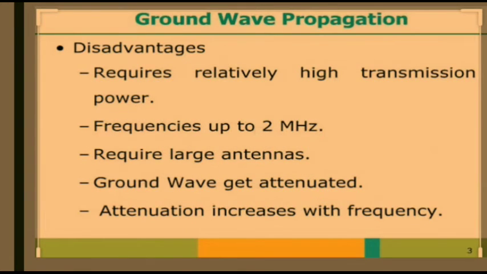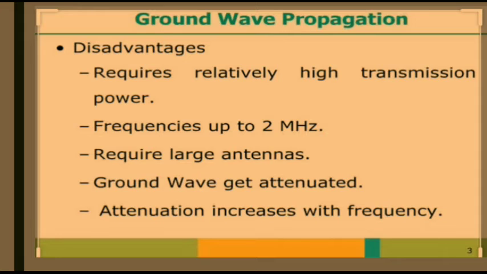Yes, the ground wave propagation has disadvantages. What are the disadvantages? It requires relatively high transmission powers. That is the main disadvantage of this ground wave propagation. The second one is frequencies up to 2 megahertz only. Above that it is not transmitted to the other transmitter, right?